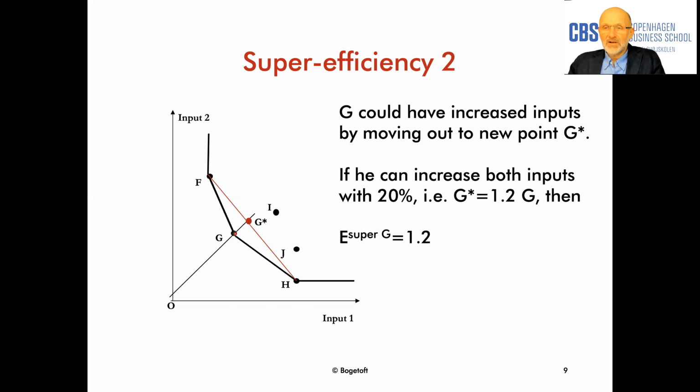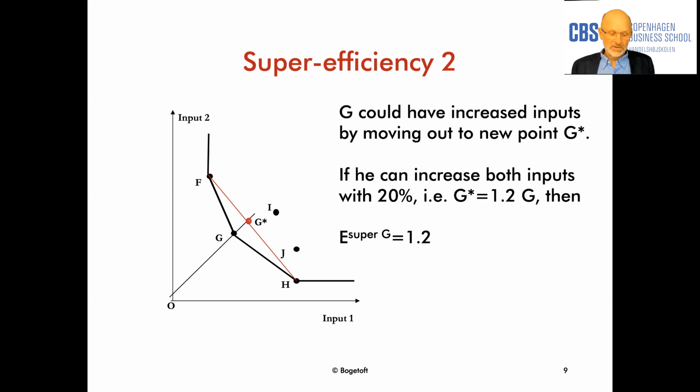But the point is that even if I were to increase my use of resources by, say, 5%, so I get to this area here, then I will still span the frontier and I will still get an efficiency score of 1. I could actually do that all the way up to this level here. So super efficiency measures how much I could have increased my inputs before becoming inefficient.